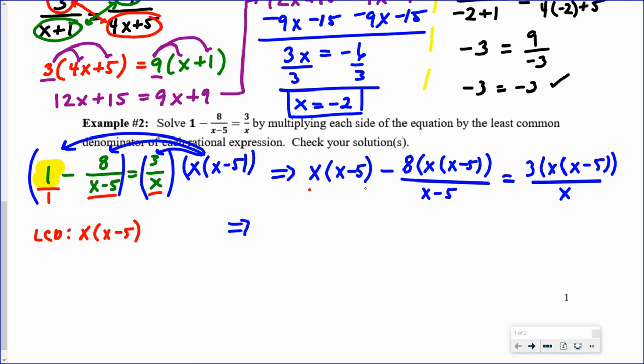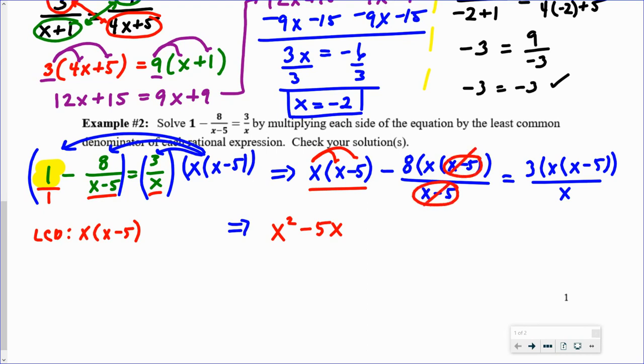So this first expression, I'm just going to multiply that out. I'm going to get x squared minus 5x. That's just distributing. Next one, I'm going to look to see if there's any common factors shared in the numerator and the denominator. So in this case, we have an x minus 5 in the denominator and an x minus 5 in the numerator.